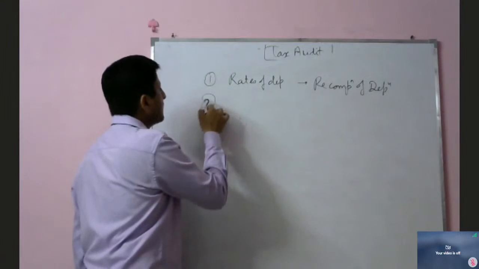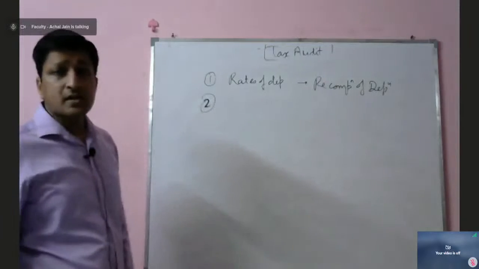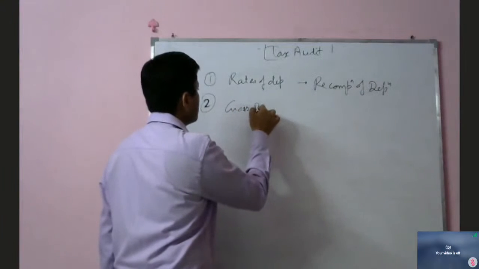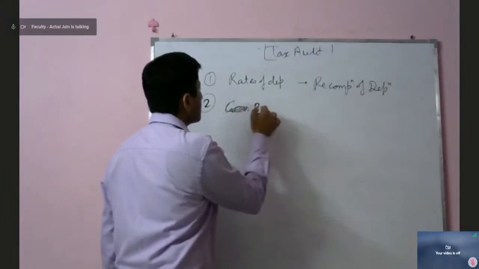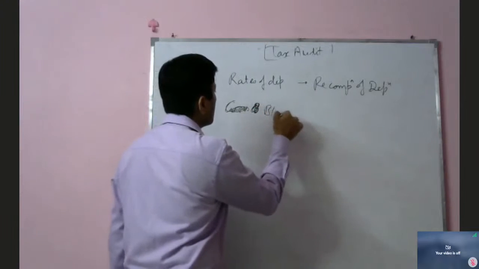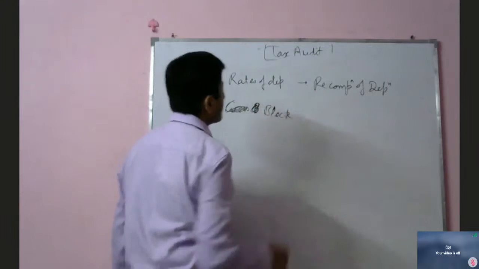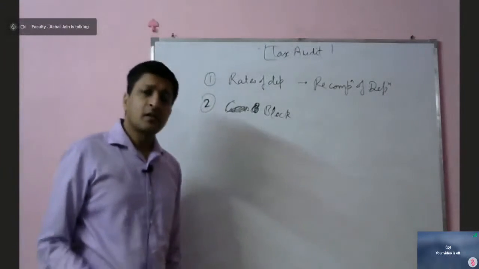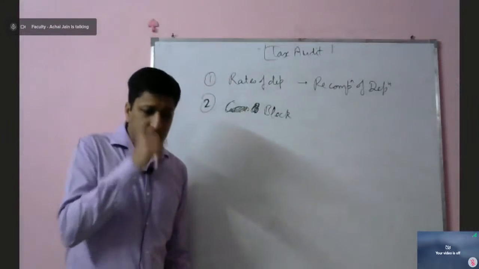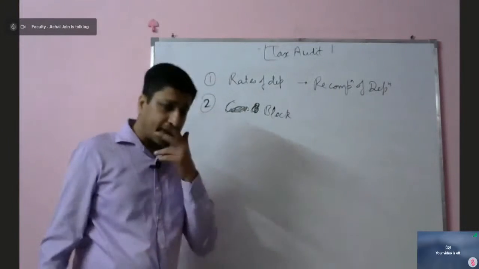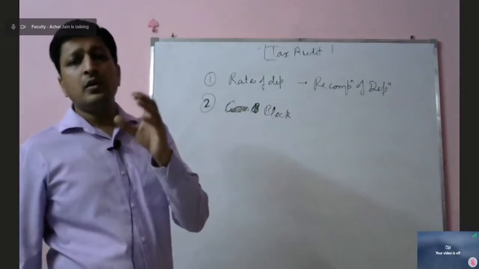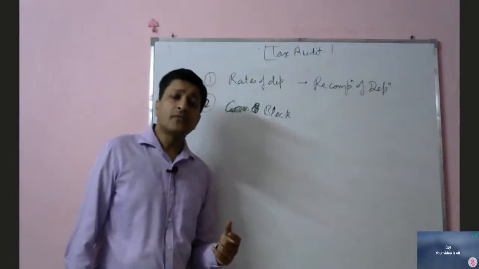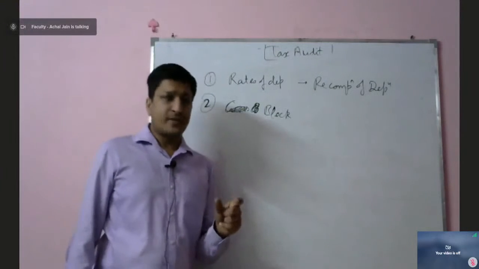Number two is about the concept of gross block, or about the concept of block. Under income tax, the block concept is followed, which means all the assets under a particular category are put down in a block, unlike what we do in case of financial statements.